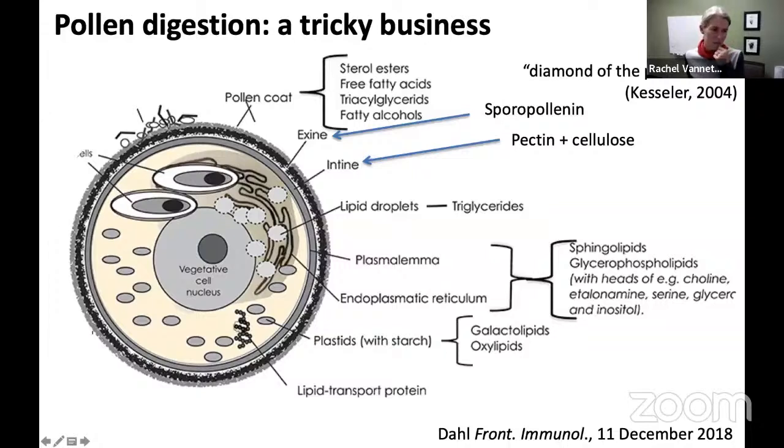So we have the exine, which is the outer layer of recalcitrant material. Within that, there's an additional layer, the intine, a protective layer that's comprised of pectin and cellulose. And so to get at the nutrient-rich interior of the pollen, the organism that's consuming the pollen has to get through the exine and the intine. So we wondered, how does it do this?